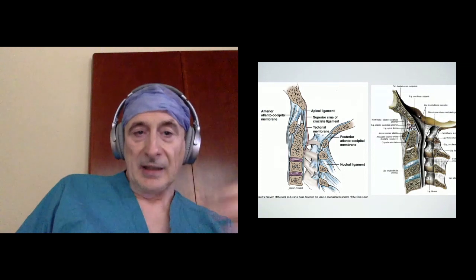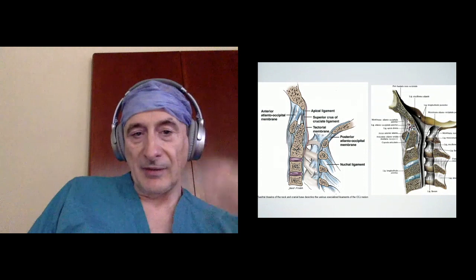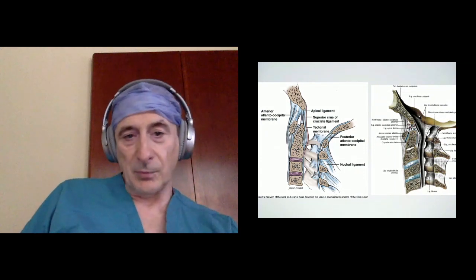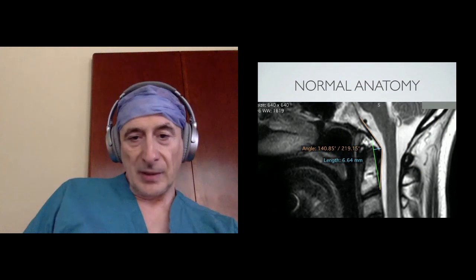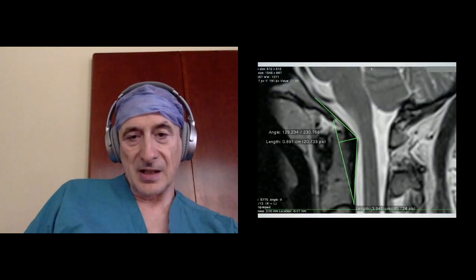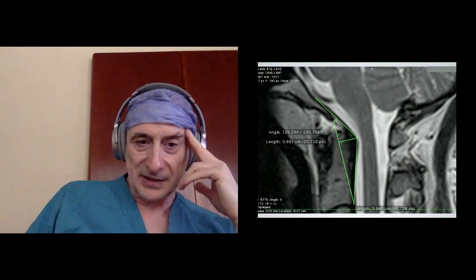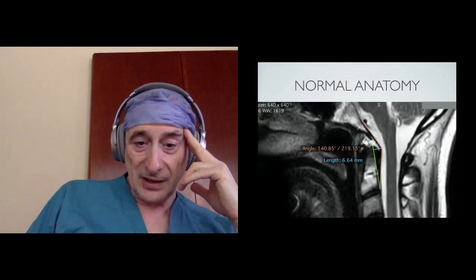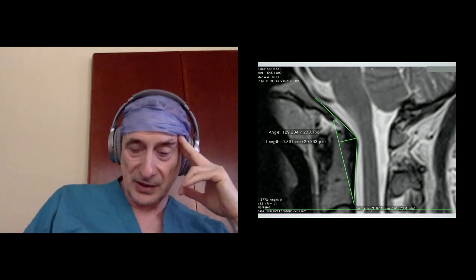So again, in blue, you see the ligaments, and their arrangement in space is quite complex for a craniocervical joint. This is the normal anatomy, and this is an abnormal anatomy in case of ligamental laxity. As you see, there is not a lot of difference, so this does not pass the medical student test.